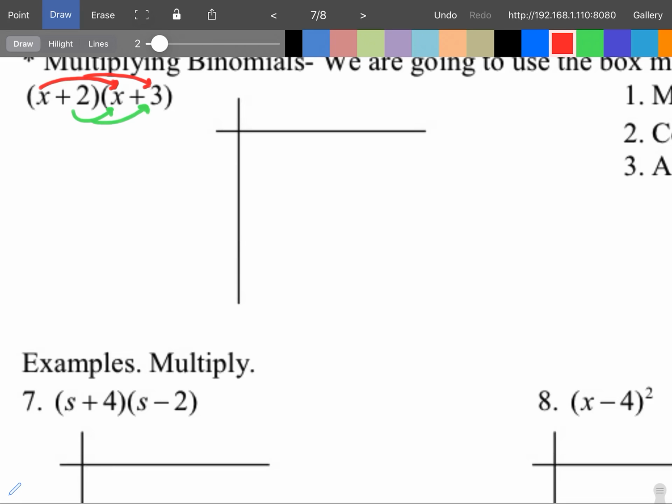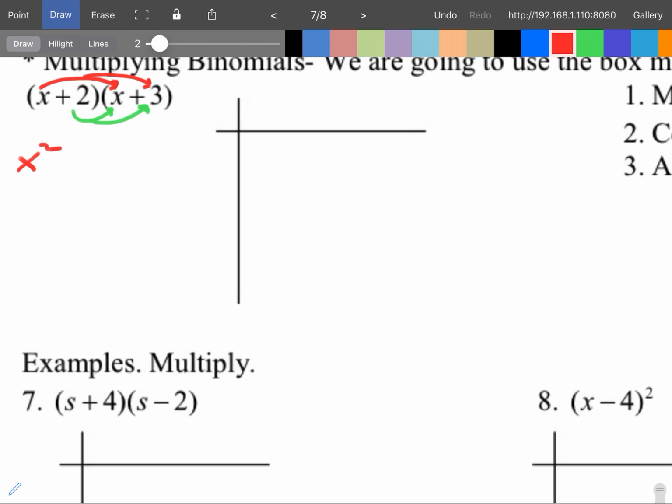So you start out, you do x times x. What's x times x? Good, yeah. It's not 2x, okay? X plus x is 2x. X times x is x squared. So you're going to get an x squared.